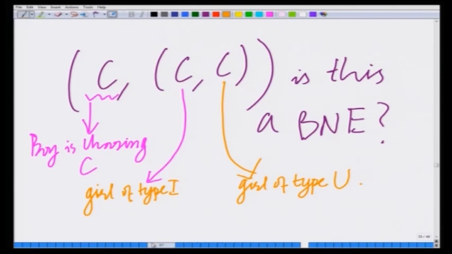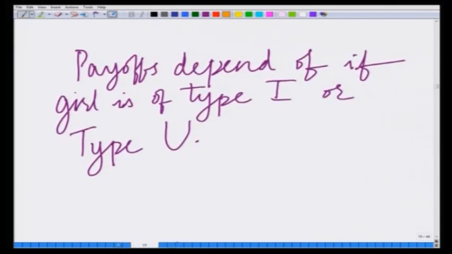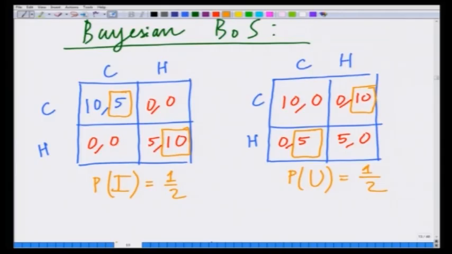Let us check if this is indeed the scenario. From the Bayesian game tables, if the boy is choosing C, then C is the best response of the girl of type I. However, if the boy is choosing C, the best response of the girl of type U is H and not C, right. So while C of the girl of type I is the best response, C of the girl of type U is not the best response.